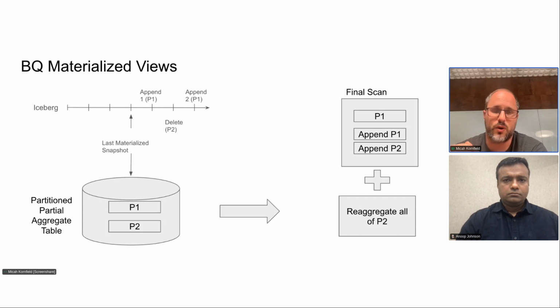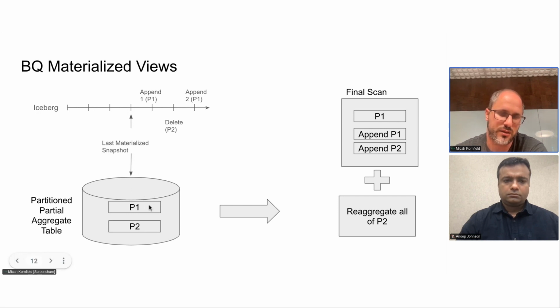I'm going to talk a little bit about what we did with materialized views as well, just because there's been a lot of interest in the community. This might inform some opinions, but the way materialized views work on top of Iceberg data is, at some particular snapshot, we do a materialization into our managed storage engine.